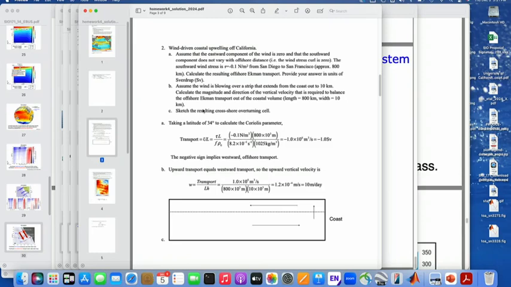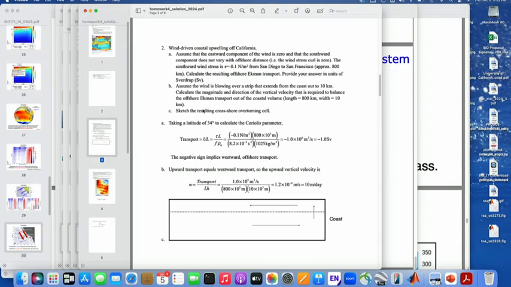The next question is, assume the wind is blowing over a strip that extends from the coast out to 10 kilometers. Calculate the magnitude and direction of the vertical velocity that's required to balance the offshore Ekman transport. If we've got 1 Sverdrup going offshore, that's the transport, near the coast, going over a distance of 800 kilometers along shore, and the width is 10 kilometers.